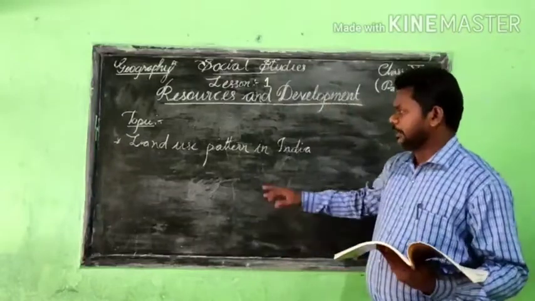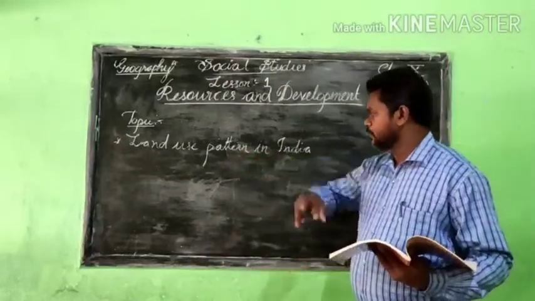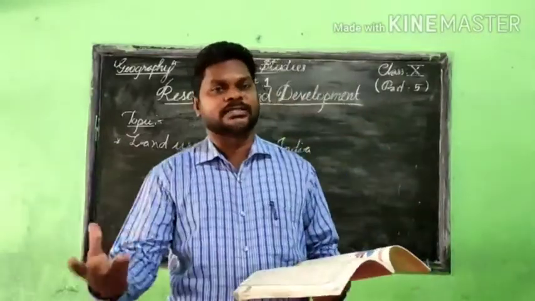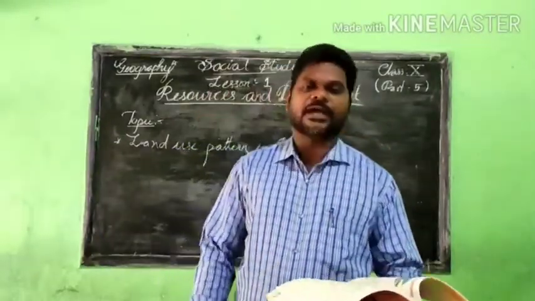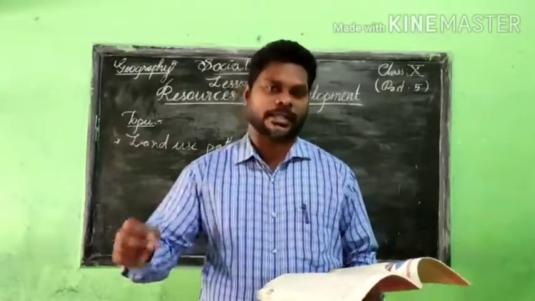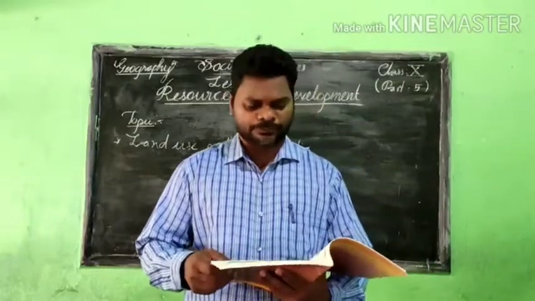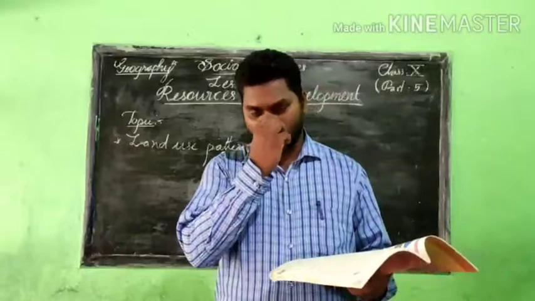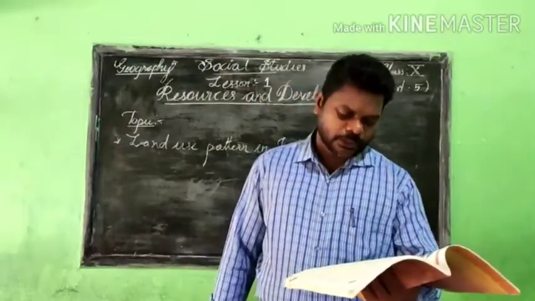Today we are going to deal with this new topic, land use pattern in India. Different nations use land differently according to their own strategies, and we are going to learn how it is used in India.